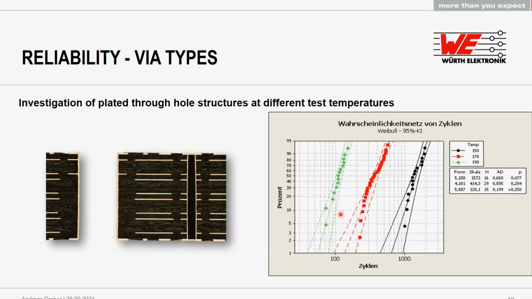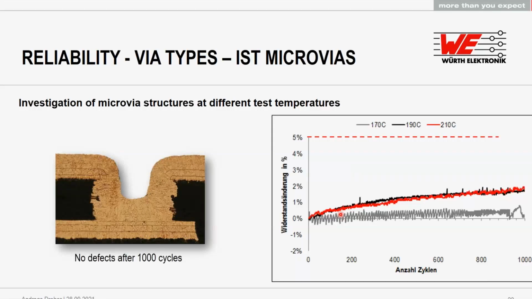But again, checking with microvia constructions, we used similar test patterns and put them on the same test. We didn't find any failures at 170 nor 190 degrees, and even increased the test temperature up to 210 degrees.